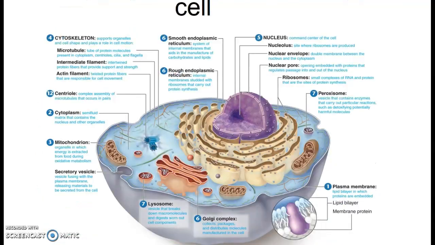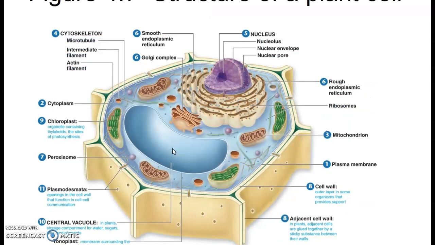In the picture of the animal cell, you can see there's no cell wall, there's no central vacuole, but there are centrioles right here. And then in the plant cell, you can see this big, giant central vacuole, and then you can see the cell wall surrounding the plasma membrane.